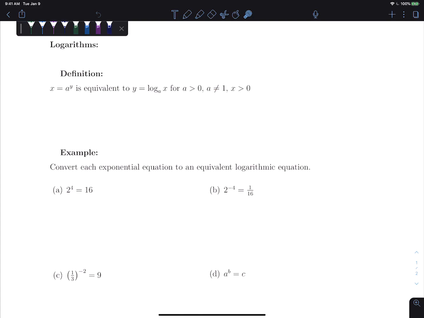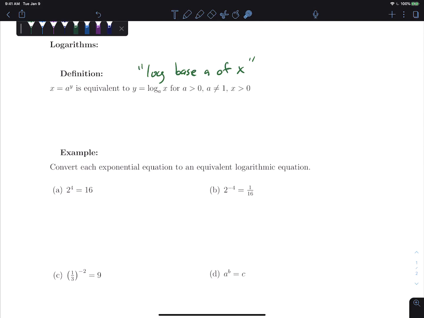Now, here's the thing. First of all, the way that we say this is log base a of x. This is not log ax, this is log base a of x. Also, this and this are inverses of each other.